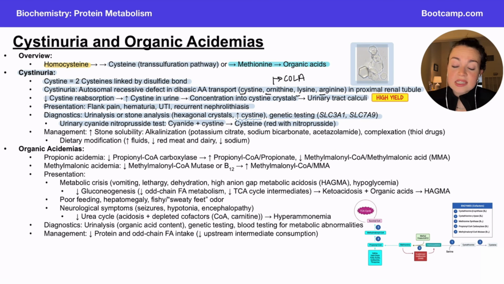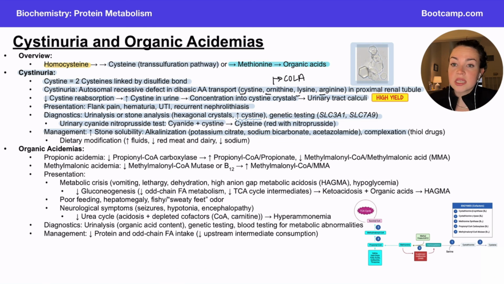To manage a cystine stone in cystinuria, what you're going to want to do is increase the solubility of the stone. So encouraging the stone to break up into solution in the urine. We can do that either by alkalinization or by complexation. So we can use things like potassium citrate, sodium bicarbonate, and acetazolamide to make the urine more alkaline and encourage the stone to dissolve into the urine.